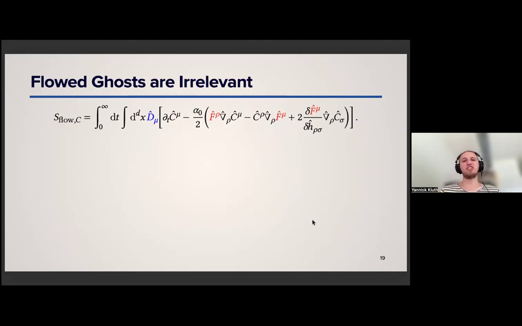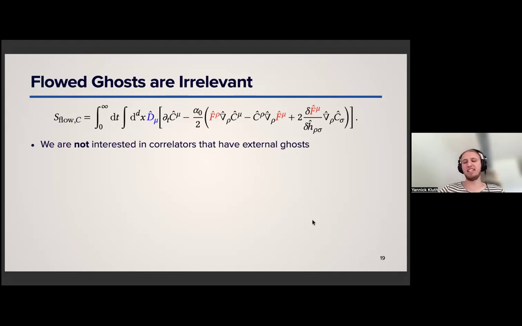But it turns out that we actually don't really need these flow ghost fields in practice. And the reason for this is that we will only ever be interested in correlators that have no external ghosts, right? Like the correlators that I mentioned before simply involve the volume element, for example, or something like the Ricci scalar, which only depend on the graviton field, but not on any ghost fields.